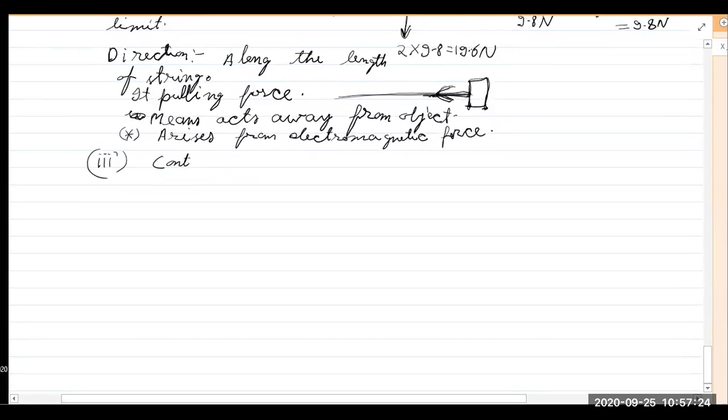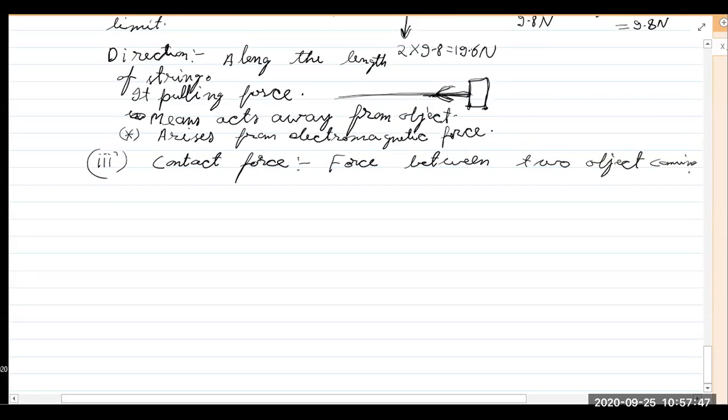Now the third one we will see is contact force. Contact force is the force between two objects coming into contact.